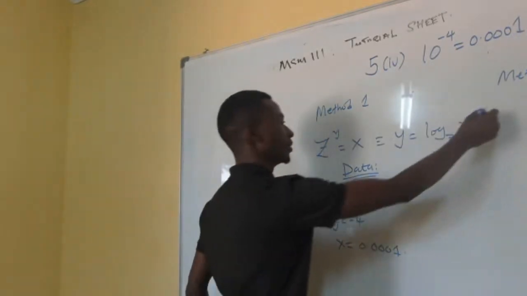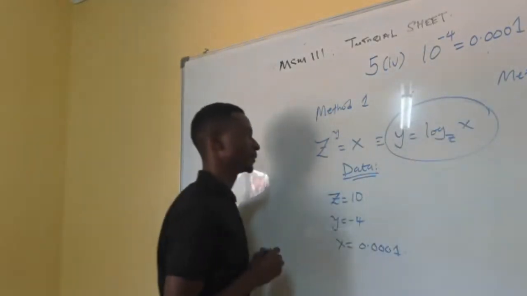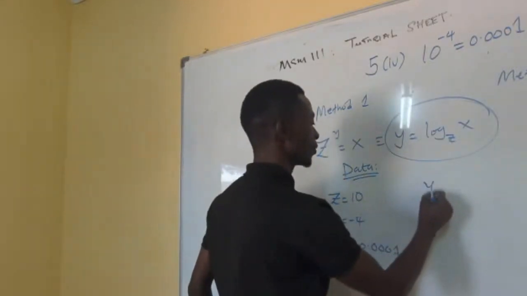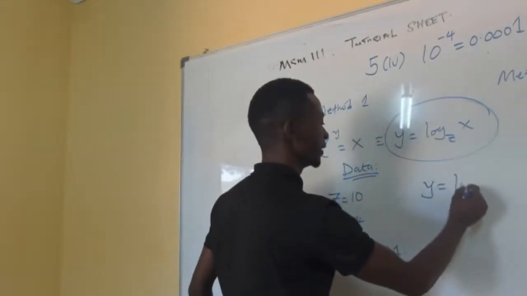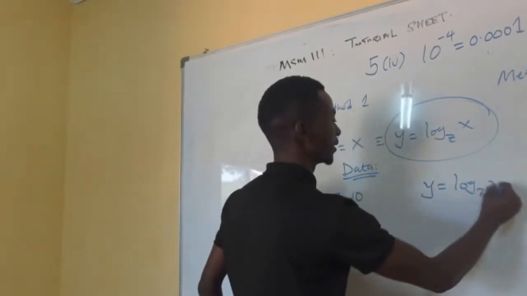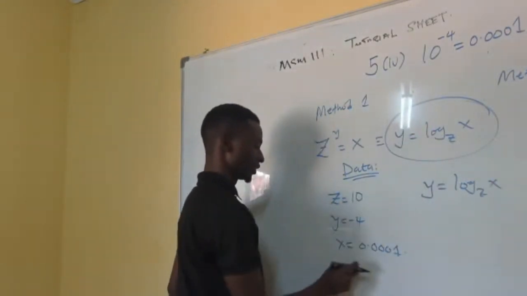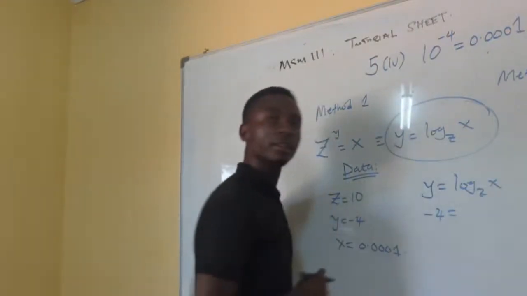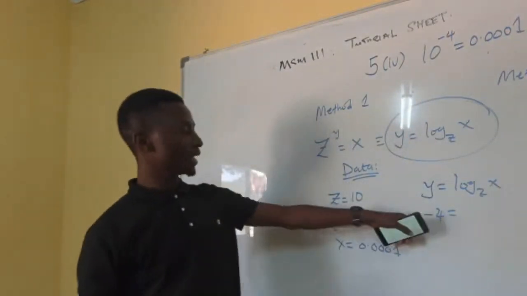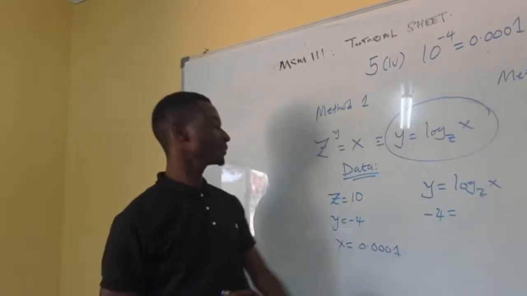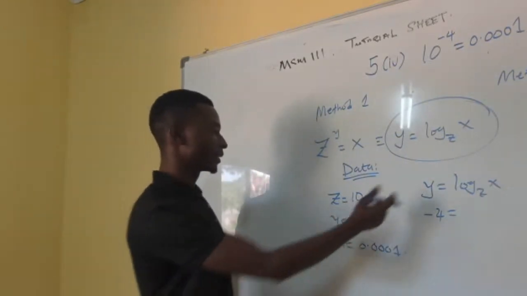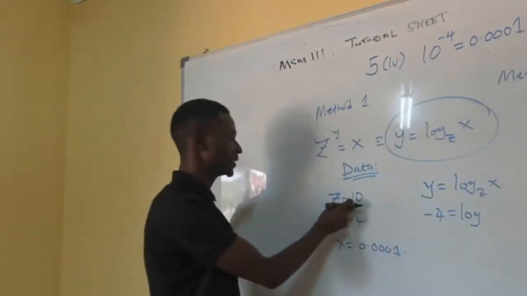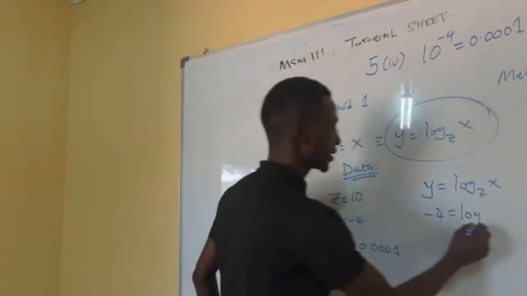So now we're using this one. What is y? Let's write the formula first. y is equal to negative 4. So now from there, you say log. What is z? z is equal to 10.